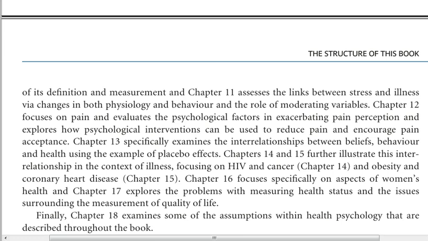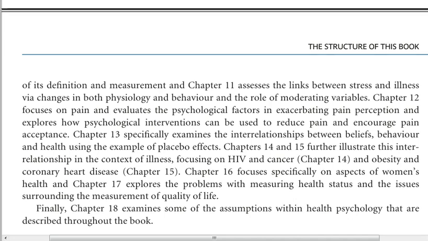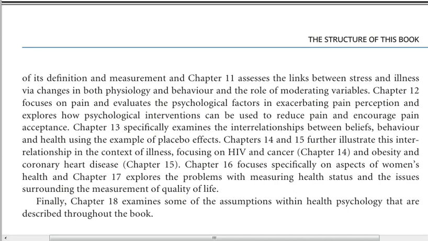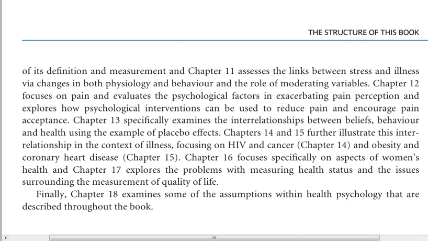Chapter 12 focuses on pain and evaluates the psychological factors in exacerbating pain perception and explores how psychological interventions can be used to reduce pain and encourage pain acceptance.